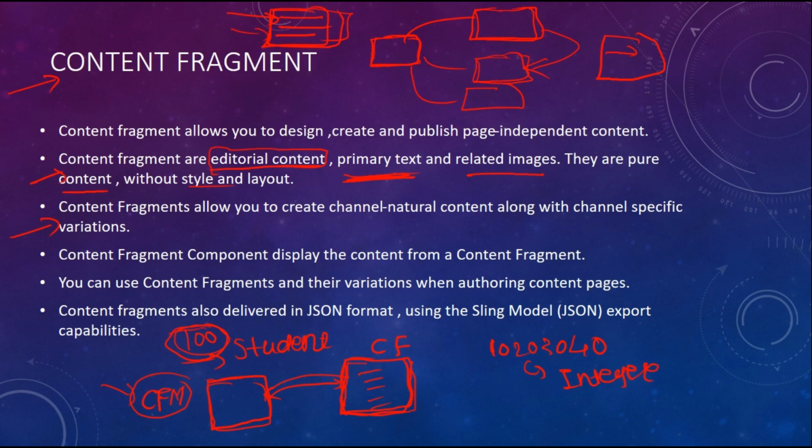When we add these 100 students, we would have to create this field 100 times, and we don't want this. So you can simply use the content fragment model, where we have the concept of variation. That means you can easily copy all the data types, and by using these data types you can easily perform the variations.